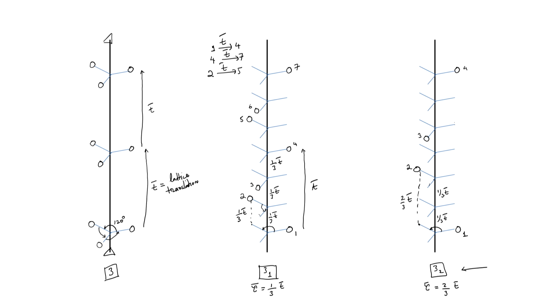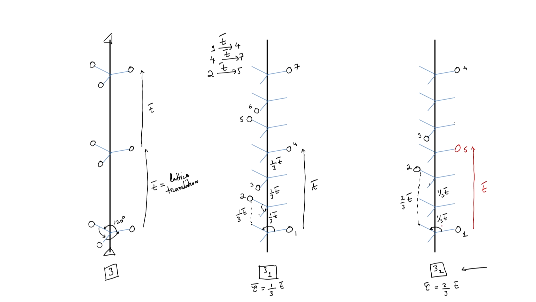Now, what else can I do in this? Well, so far I am not seeing any motifs which are related to each other through lattice translation. But then, lattice translation is always operating. So, we can now introduce the lattice translation in this. So, let us say going from 1, the lattice translation would be 1/3, 1/3 and another 1/3 to reach this point. So, I go from 1 to 5, and this is the lattice translation.